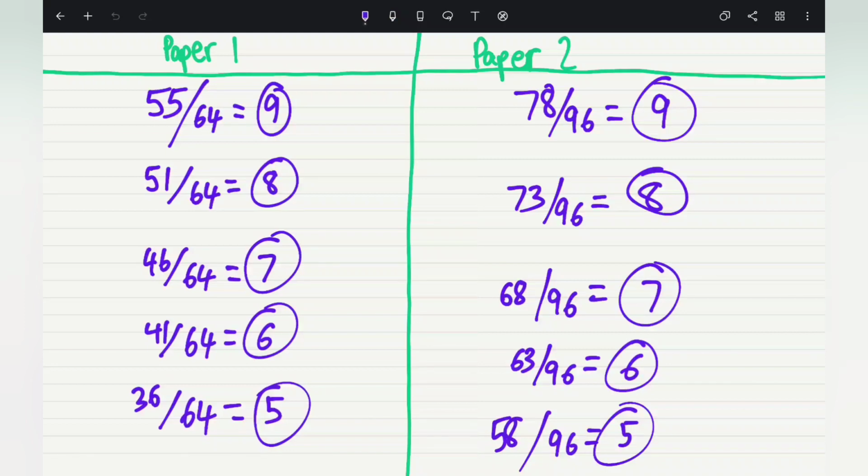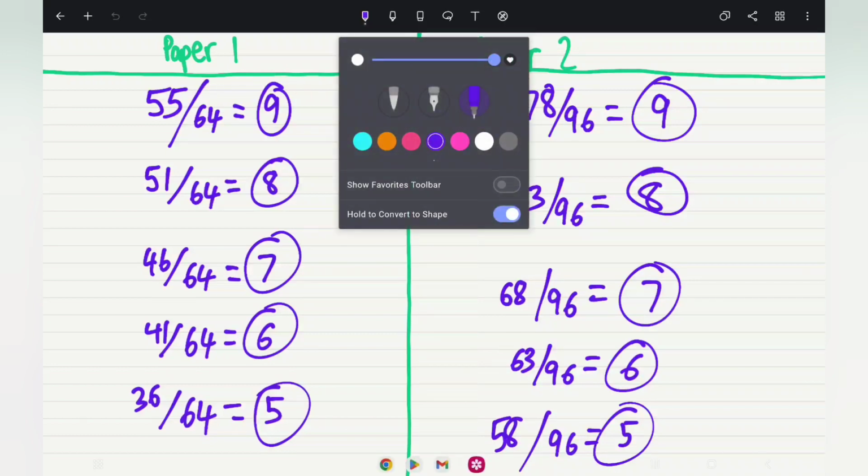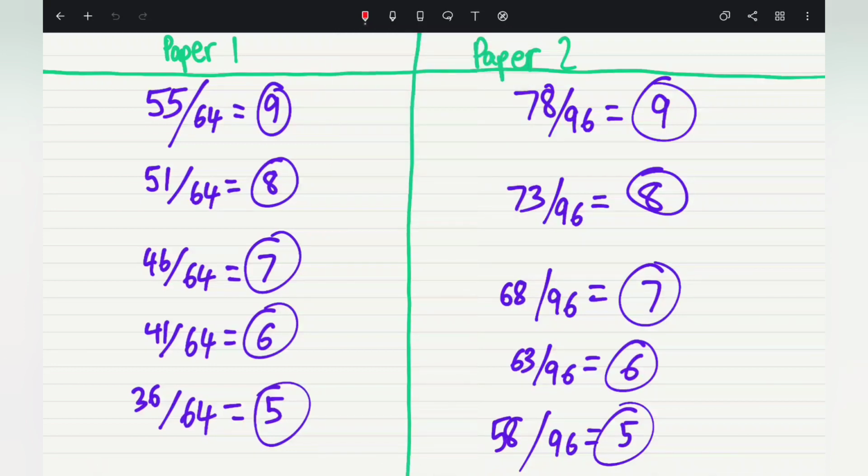And for those of you who are familiar with your target grades, you should be able to make notes and see what the expected targets are in terms of marks. So for those of you aiming for grade 9, you should be aiming for 55 out of 64. For grade 8, 51 out of 64 will give you your grade 8 for paper 1.